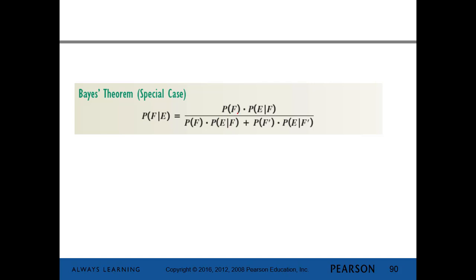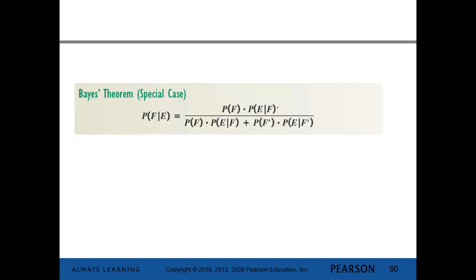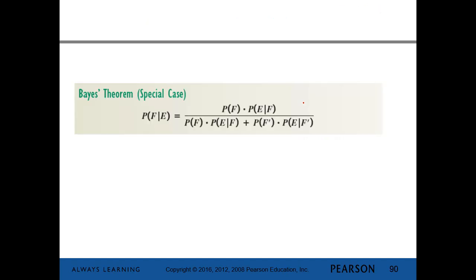So it's going to be the probability of F times the probability of E given F, which is this one right here. And that's going to be divided by this probability plus this probability, which is the same as this, plus the other piece, the probability of not F times the probability of E given not F.